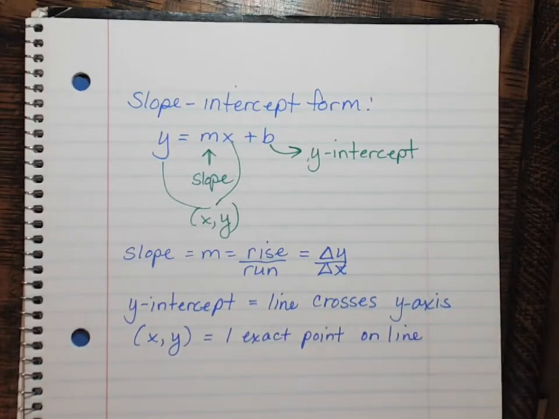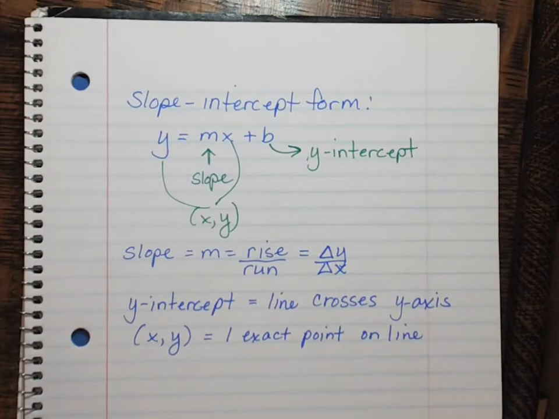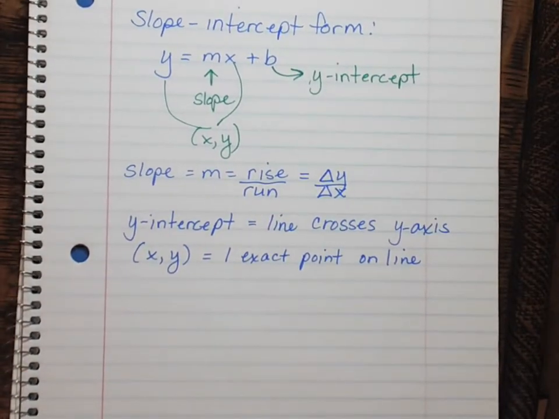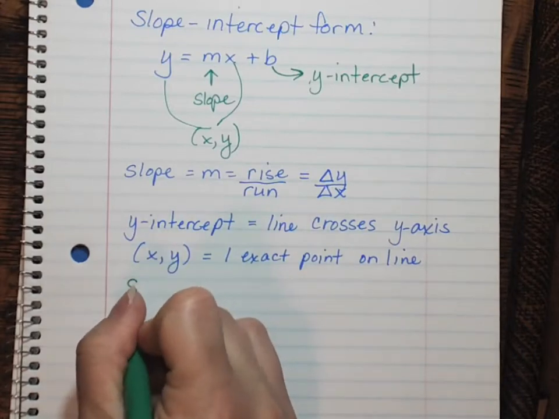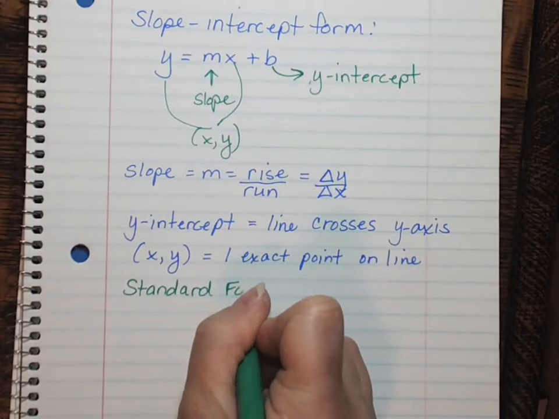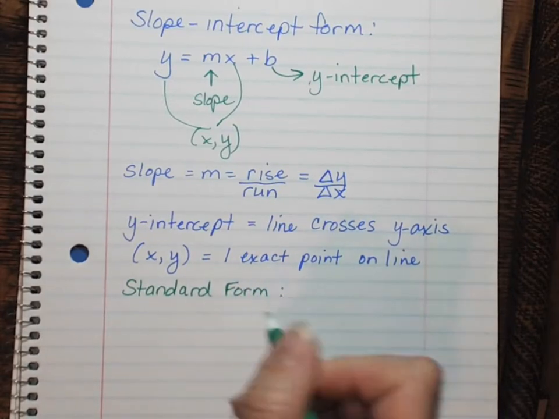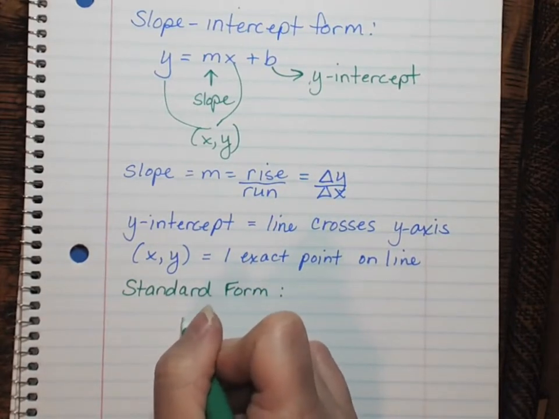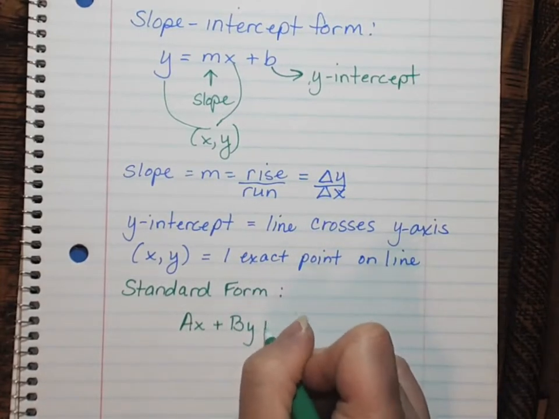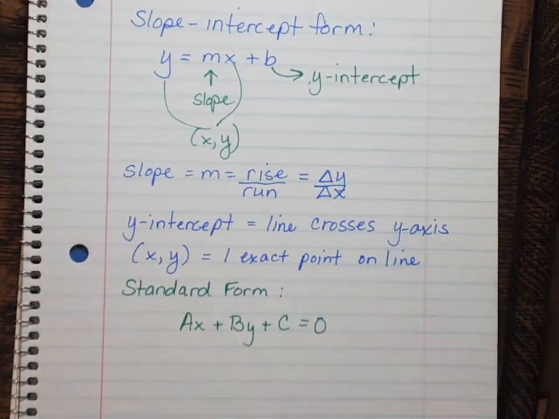So what we've looked at so far are linear equations that are in what we would call standard form. Okay, and standard form looks like this. Okay, we would have ax plus by plus c equals 0.